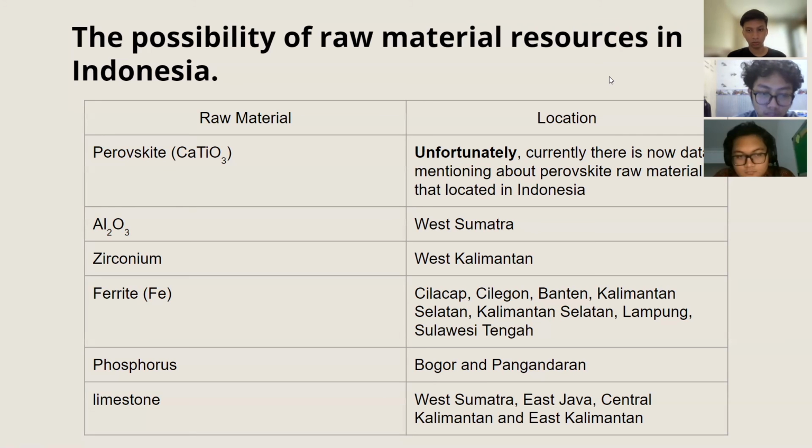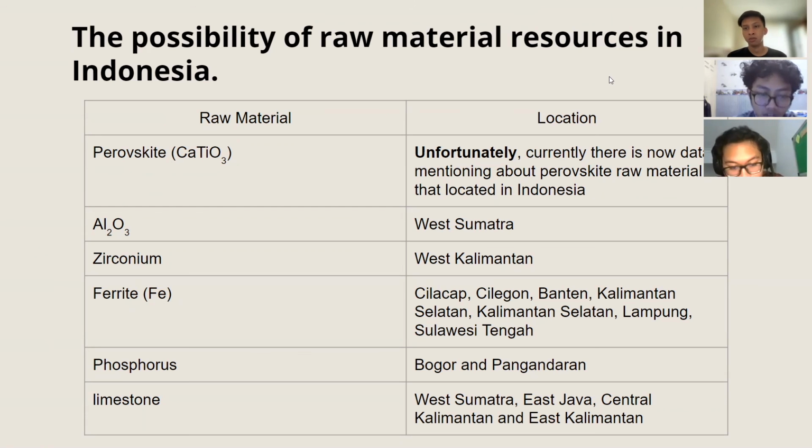Meanwhile, one of the raw materials for the humidity sensor is metal oxide, including aluminum oxide. Indonesia is known for mineral resources such as aluminium. Sumatra is one of the largest aluminum manufacturers. Second is zirconium. Zirconium is also utilized in the making process of humidity sensors.